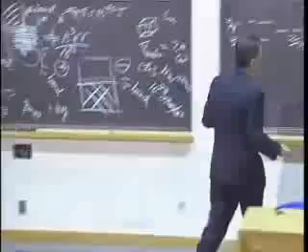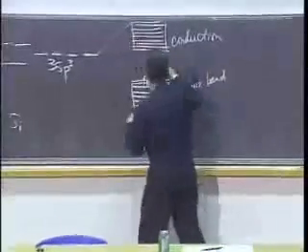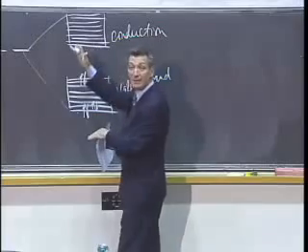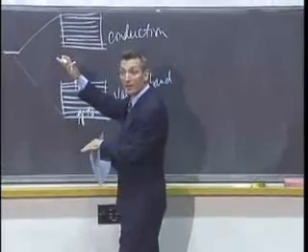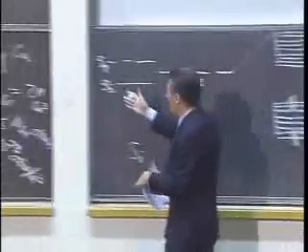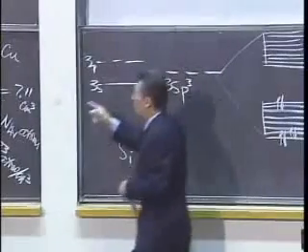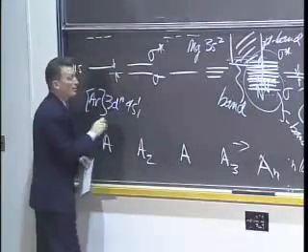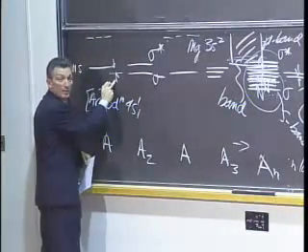And indeed, this is manifest by the fact that the separation between antibonding and bonding is not as great. Because we know that when something moves from atomic orbital to molecular orbital, this is the change in energy, going from the atomic orbital to the molecular orbital.